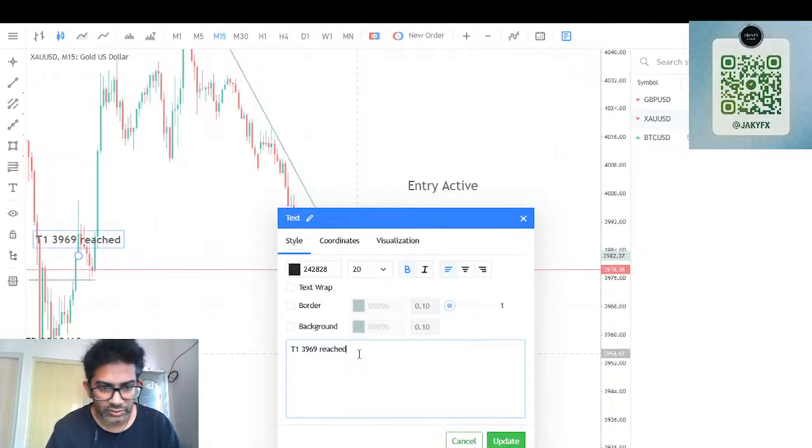And we'll go for the first target at around 3974.